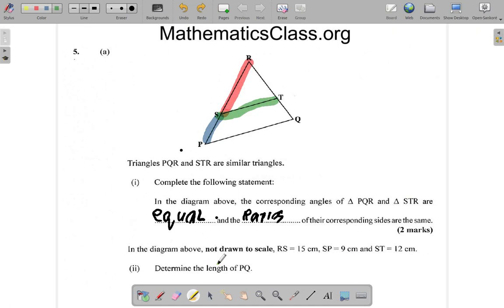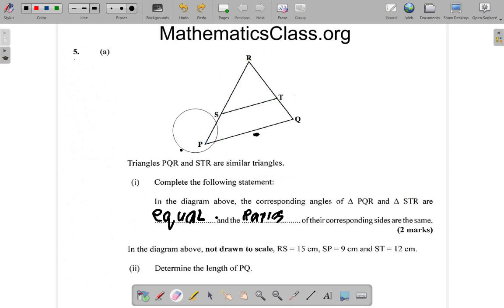Determine the length of PQ. You want the length of PQ. Now you're going to want this length, but let me just get rid of these marks.